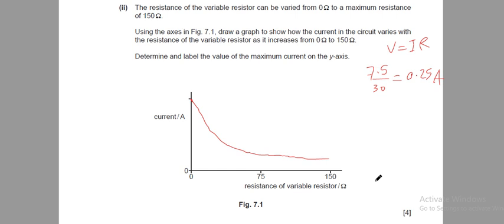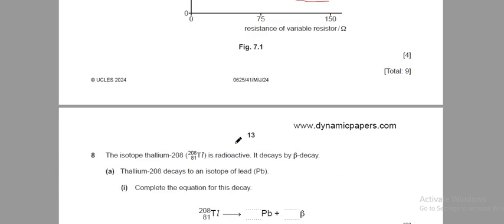Okay, because from Ohm's law, V is constant, so both I and R must be inversely proportional to each other, and there is a multiplication, so the graph should have this form.